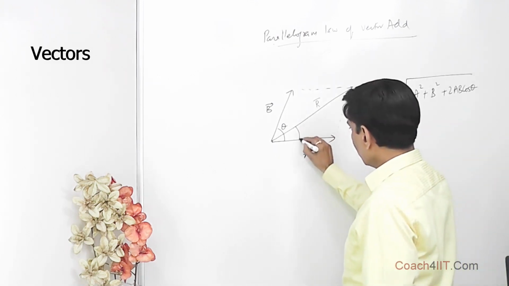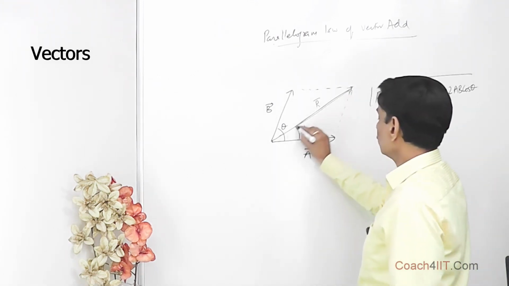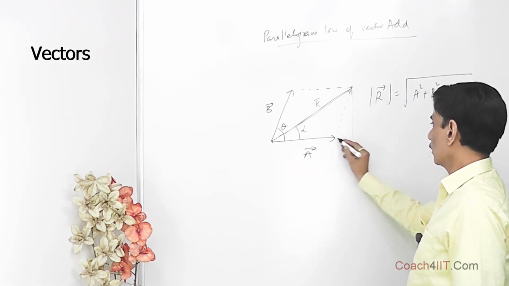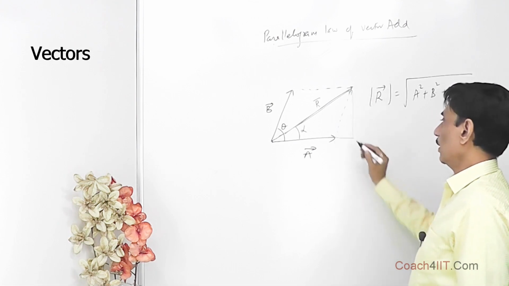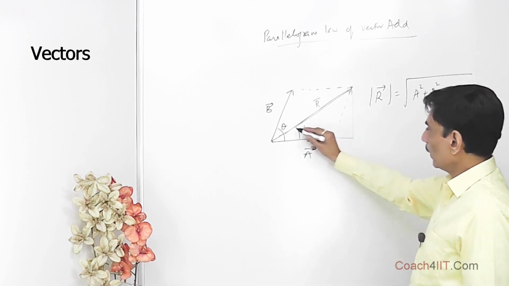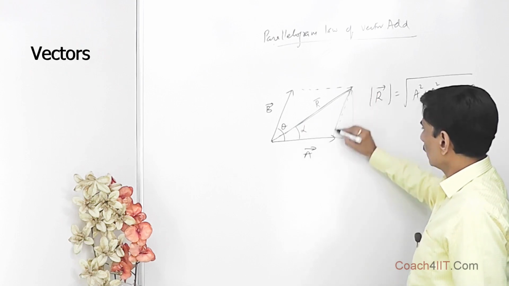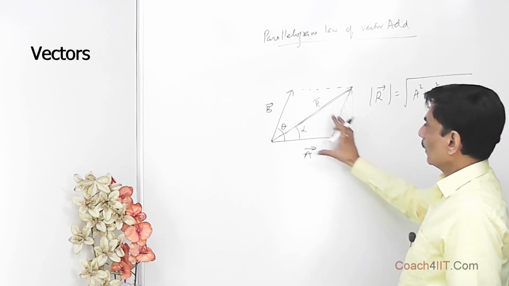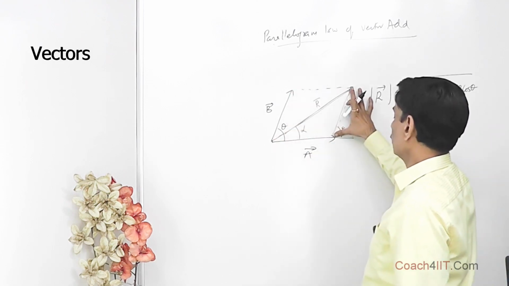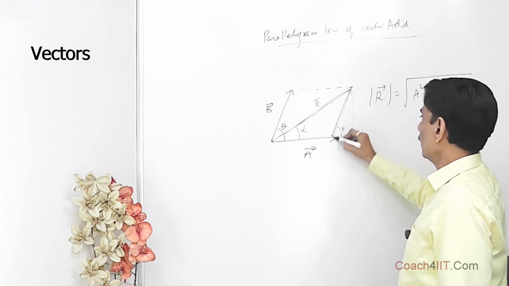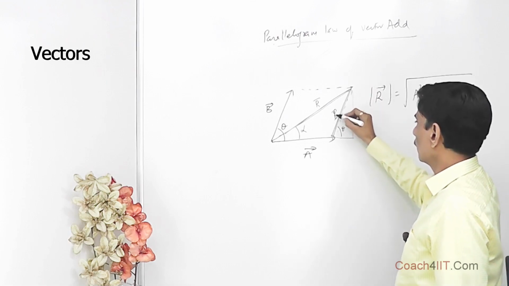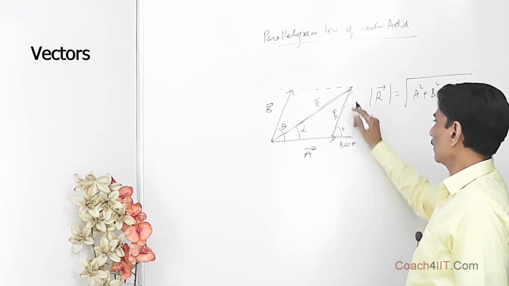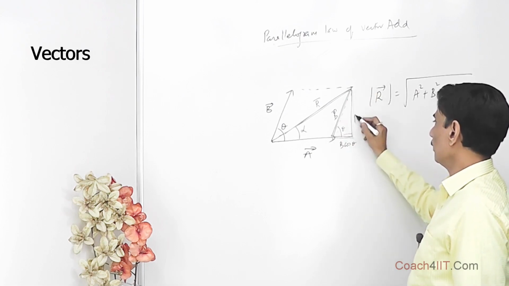And if you have to find the angle this resultant is making with this vector, we can construct a right angle triangle over here. If this is theta, this and this are parallel, so this is also theta. If this is B, so this is also B, with length B. So this is going to be B cos theta in this right angle triangle, and this is going to be B sin theta.